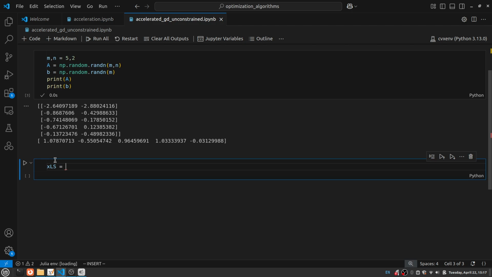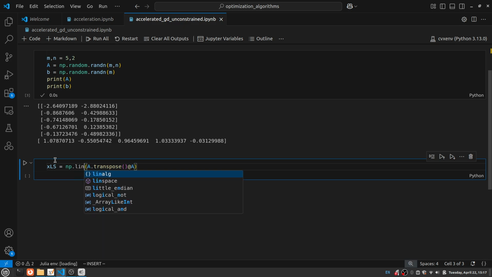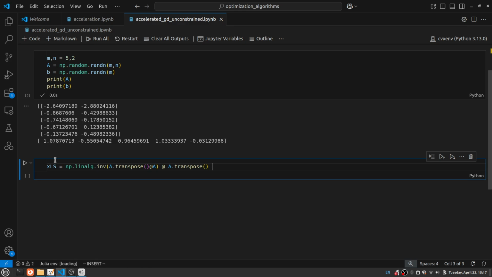A transpose A, inverse, times A transpose times b.